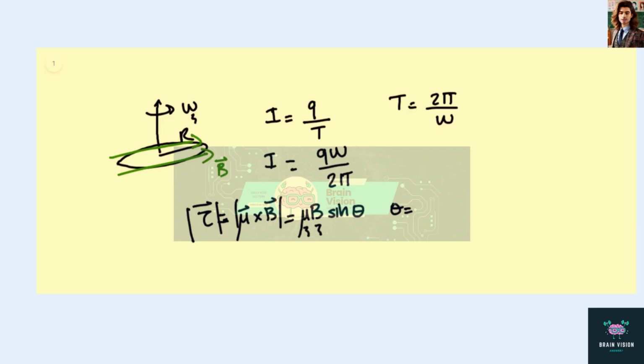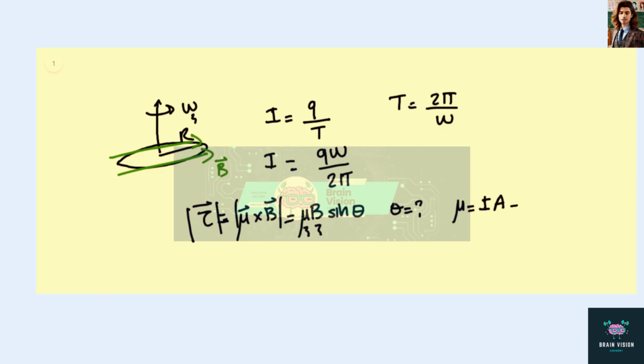First of all, mu is the current times the area, right? So whatever the normal of the area is, mu is along that direction.